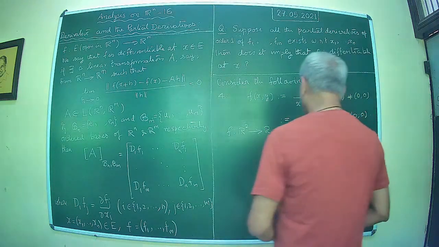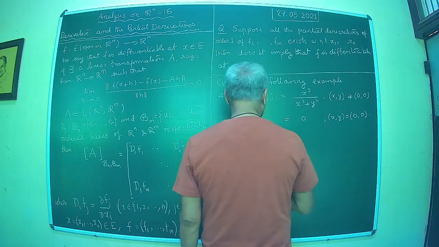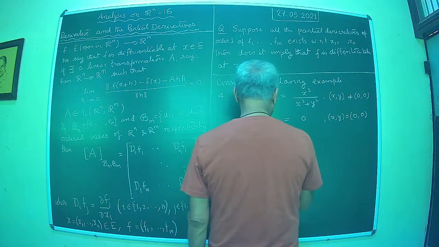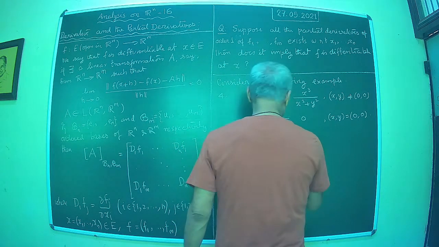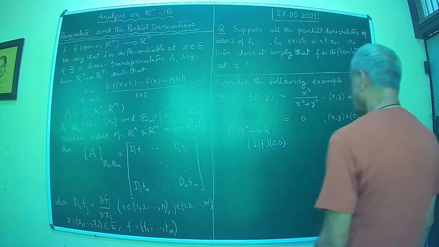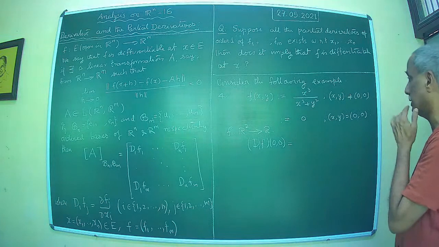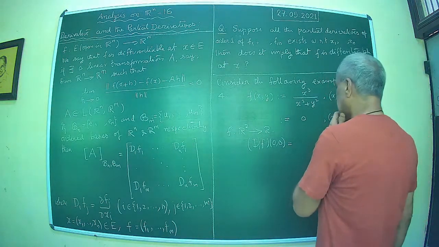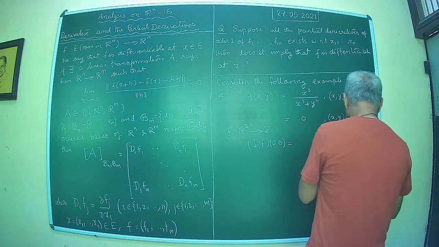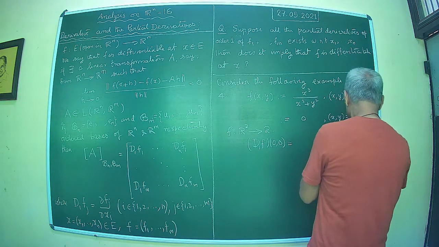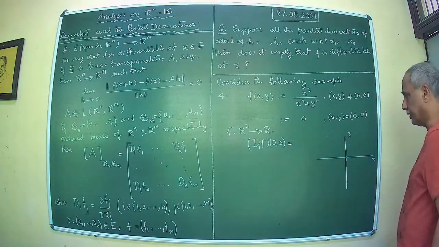So we have the following. We write d1 f at (0, 0), which we will calculate. One can easily compute this because you are working along, freezing the function on the line y equal to 0.